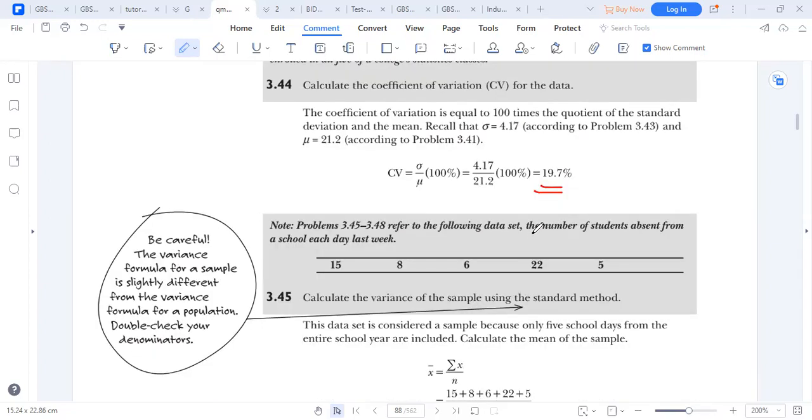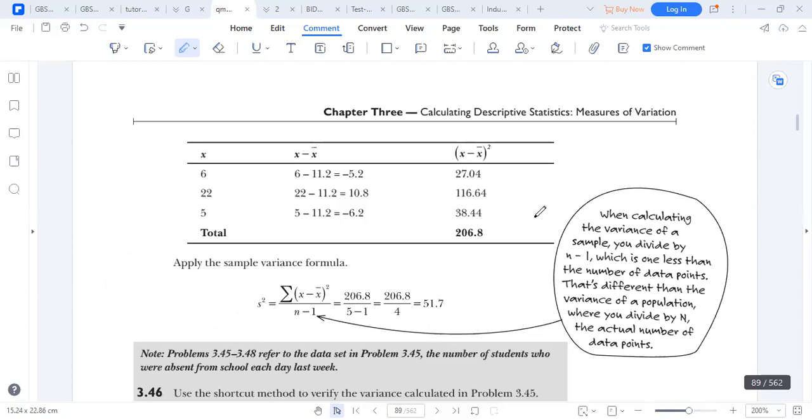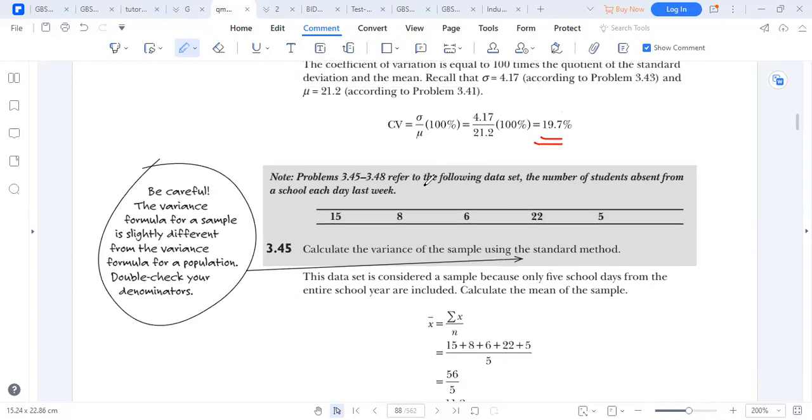We may go on and on, but the concept is simply the same. Understand and differentiate which one is a population and which one is a sample. Here we are told that the following data shows the number of students absent from a school each day. We have to calculate our variance and standard deviation.